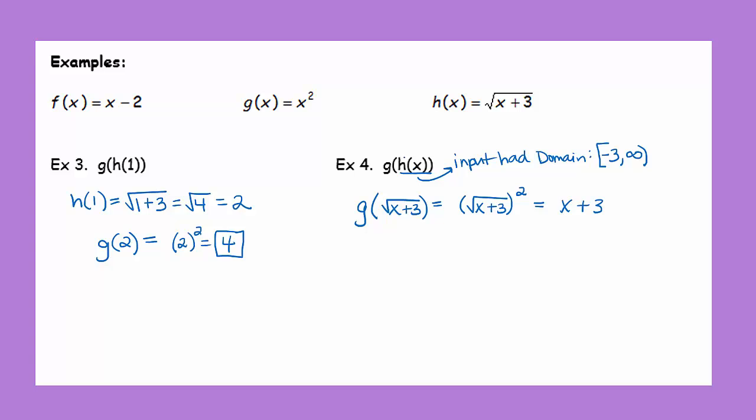So if our original input already had a restricted domain, then my final function over here must also have a restriction. So think of it like this. Here's a number line. Let's call this the x number line.